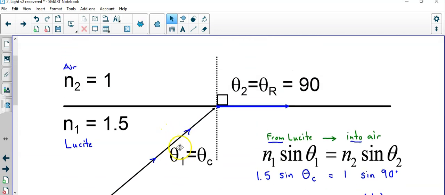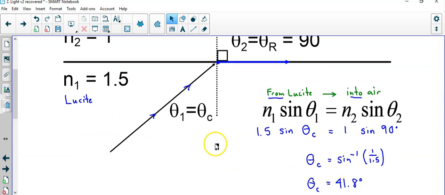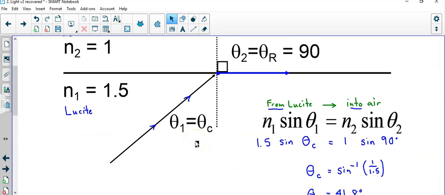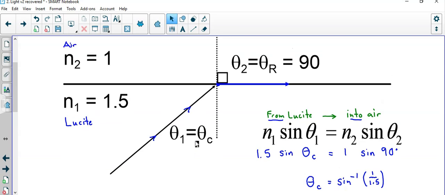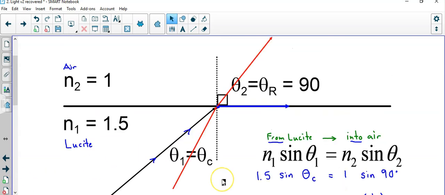Any angle less than 41.8 degrees will cause refraction. Any angle greater than 41.8 degrees will cause total internal reflection. Let me show you. For any angle of incidence less than 41.8 degrees, like this red line, you will simply see a refraction. And since you're going from high to low index of refraction, you're going to bend away from the normal.